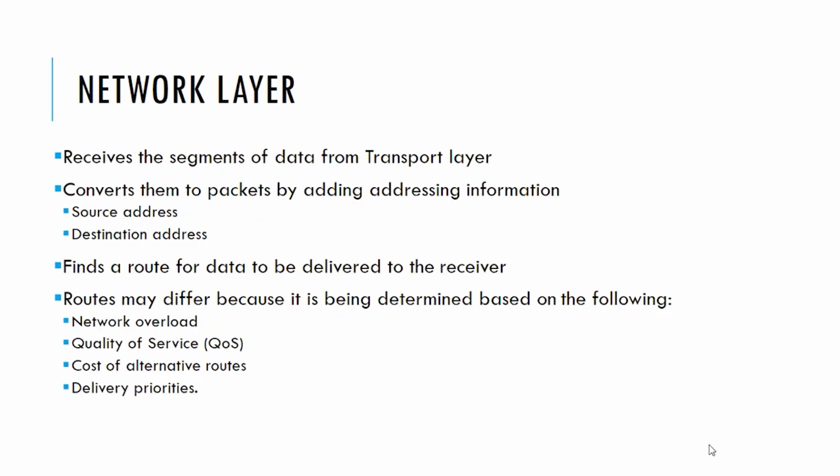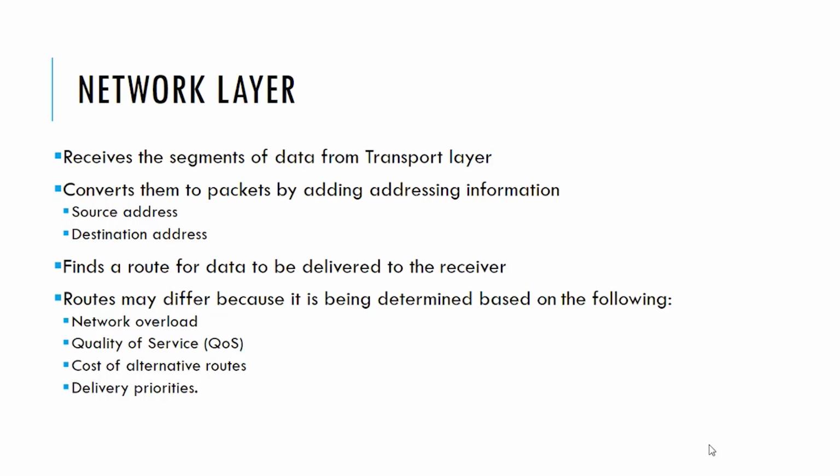The network layer at the receiver side receives the segments of data from the transport layer, converts segments into packets by adding the addressing information, the source and the destination, and then finds a route for data to be delivered to the receiver.